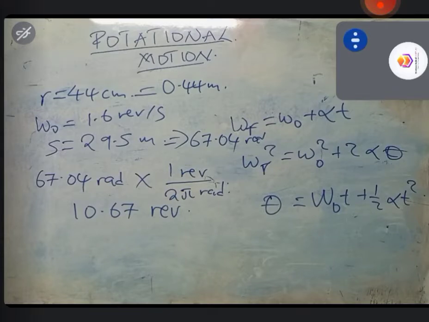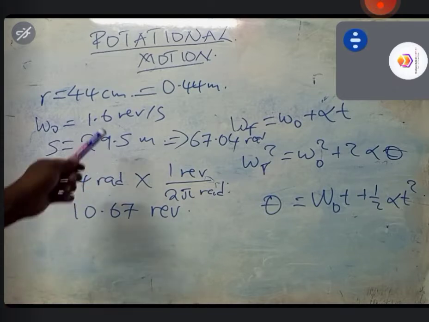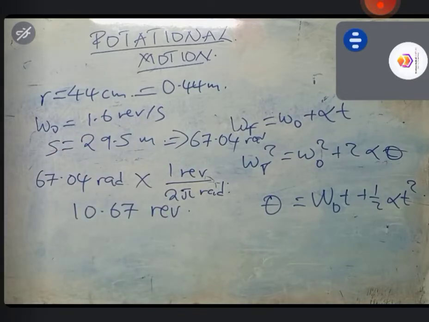But in a case where it's not specified, just work with the radians. And in such a case, we would have converted the initial one to radians per second by multiplying by 2 pi.